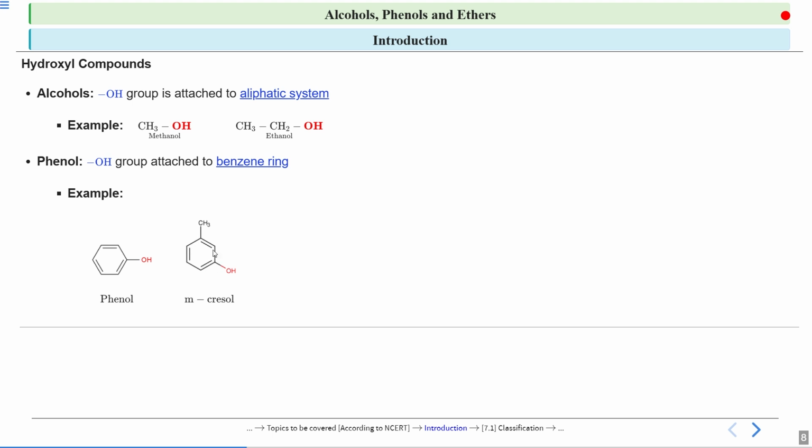So this is para, these both are equivalent ortho, and these are meta positions, this one, and this is para position. Because our hydroxyl group is present at the meta position, we are calling it metacresol. They both come under the category of phenols.